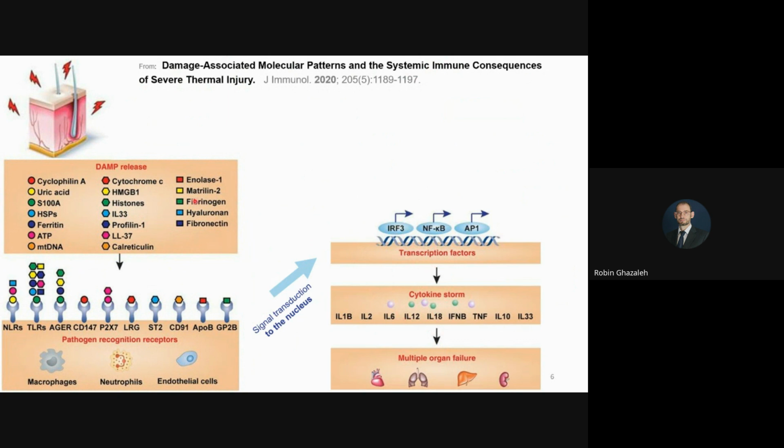And by the way, the LPS, which is a PAMP, also recognizes toll-like receptors. So these pathogen recognition receptors can recognize PAMPs and DAMPs. And the results are similar, which are activation of the immune system.